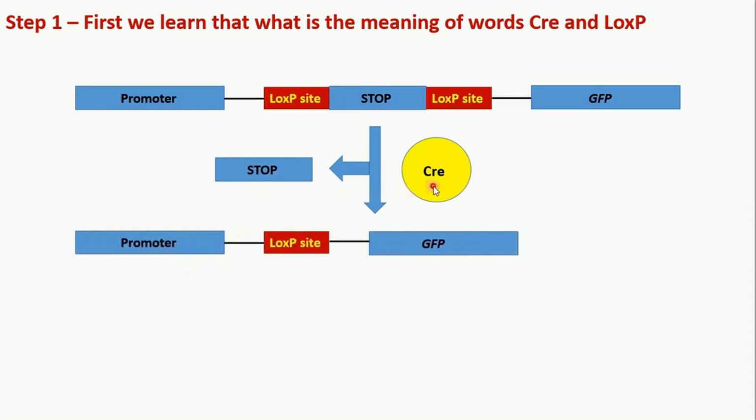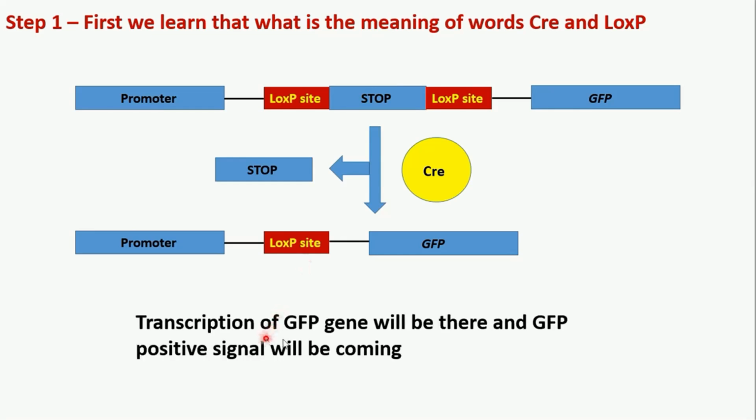As the function of Cre is recombination, this recombined sequence will have the promoter and GFP without any stop signal or without any stop sequence. So now the transcription of the GFP gene will happen, and we'll get a GFP positive signal.